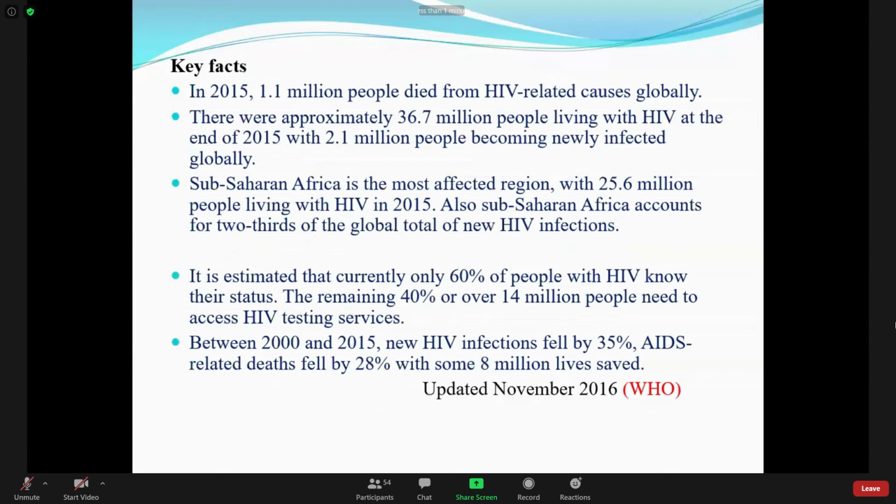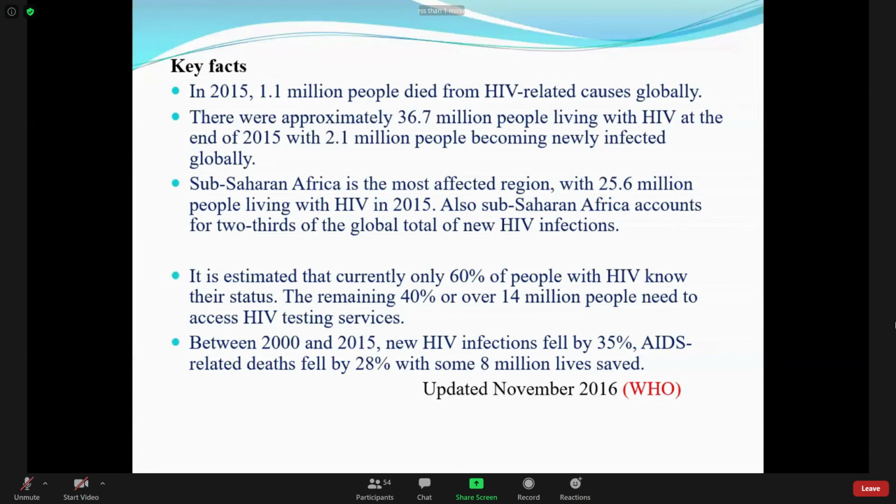There were approximately 36.7 million people living with HIV, PLHIV, at the end of 2015, with 2.1 million people newly infected globally. Sub-Saharan Africa is the most affected region, with 25.6 million people living with HIV.